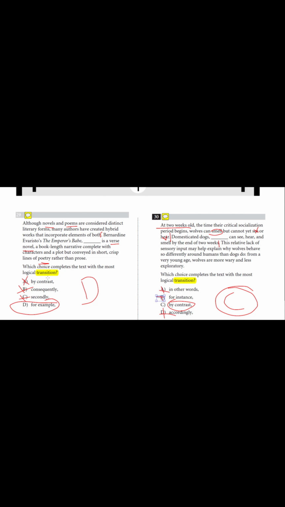And if you have copycats, two transitions that can function the same way, you can eliminate both of them because both of them cannot be correct.